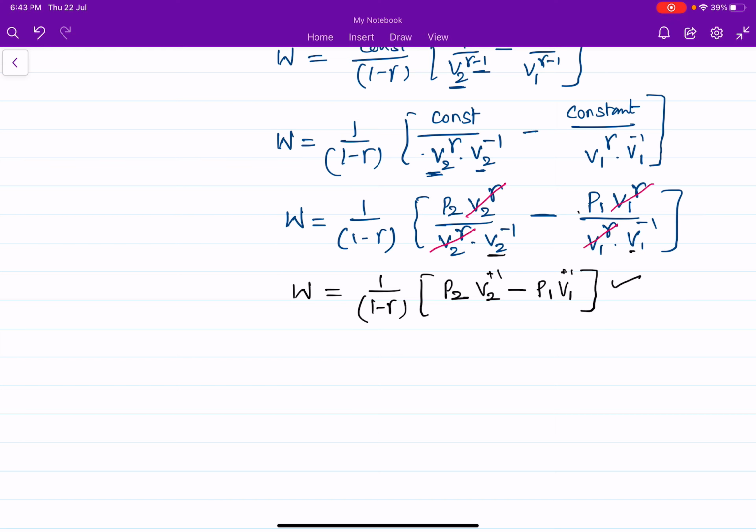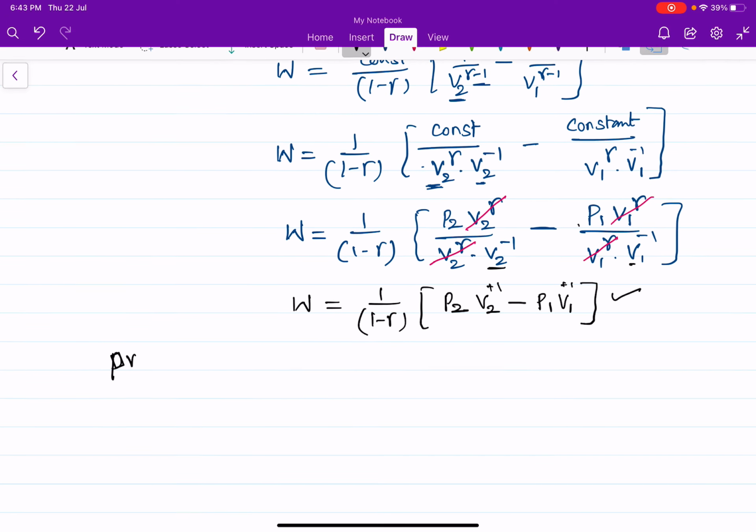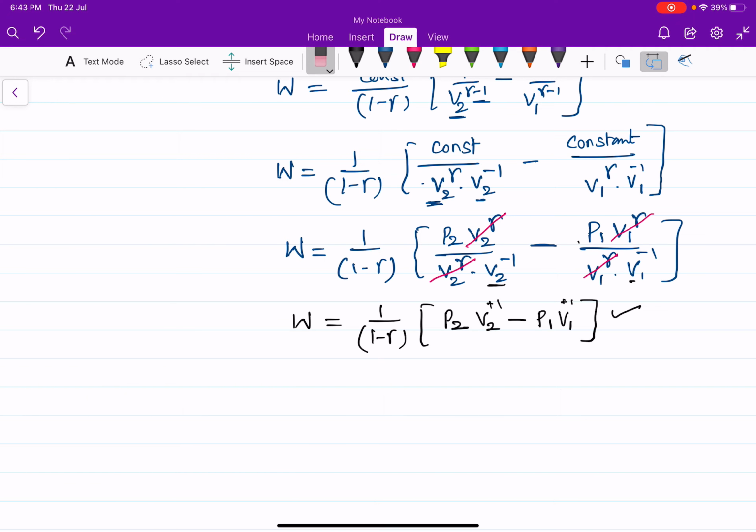We know PV is equal to nRT. n is the number of moles, R is the universal gas constant, and T is temperature. So P1 V1 can be written as nRT1, and P2 V2 can be written as nRT2.